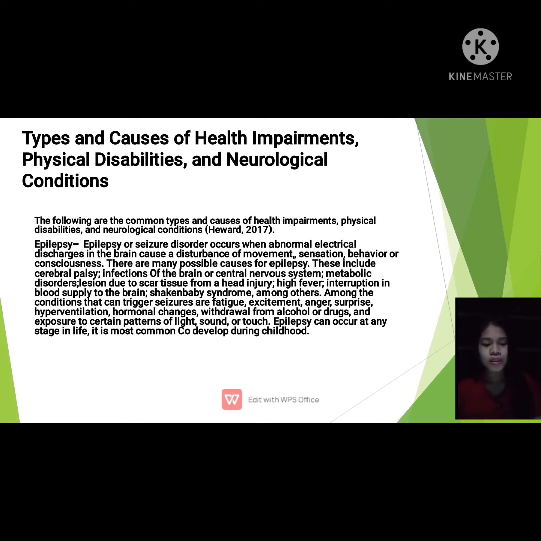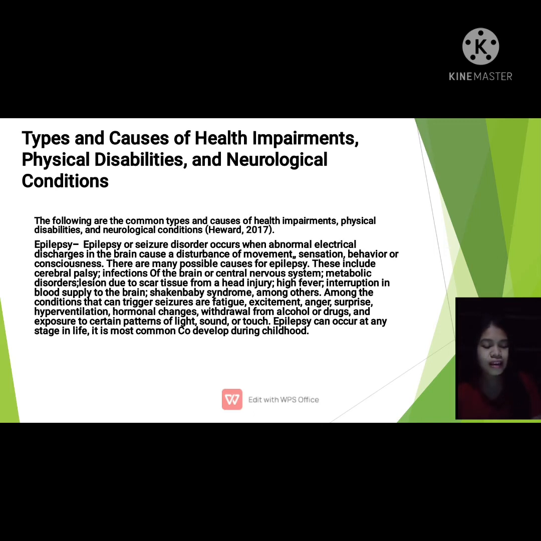Epilepsy or seizure disorder occurs when abnormal electrical discharges in the brain cause a disturbance of movement, sensation, behavior, or consciousness. There are many possible causes for epilepsy. These include cerebral palsy, infections of the brain or central nervous system, metabolic disorders, lesions due to scar tissue from a head injury, high fever, interruption in blood supply to the brain, shaken baby syndrome, among others.